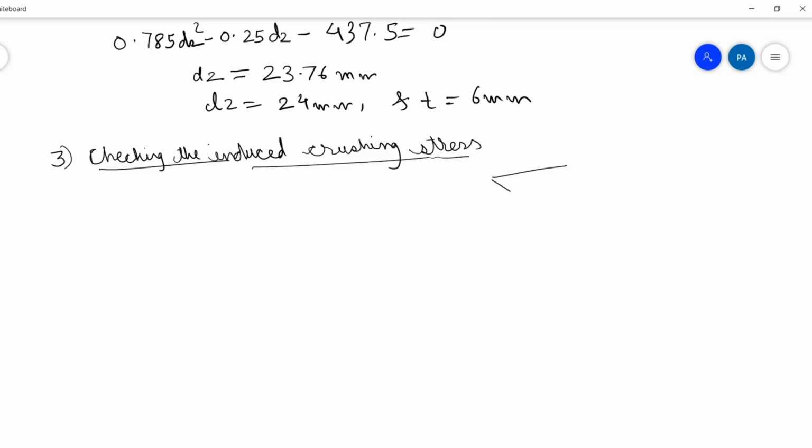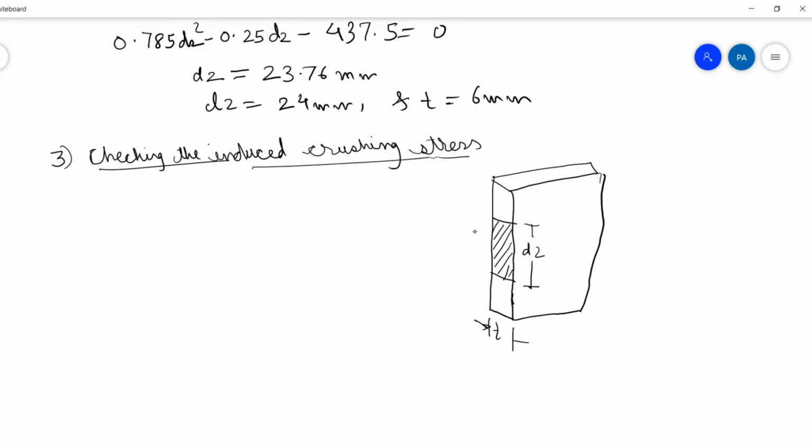We'll check the failure of cotter with respect to the spigot. And where does it fail? It fails here in this portion. This is D2. This is T.